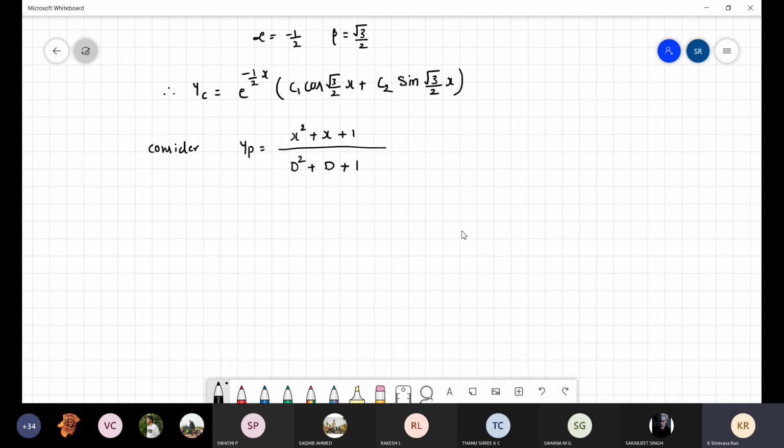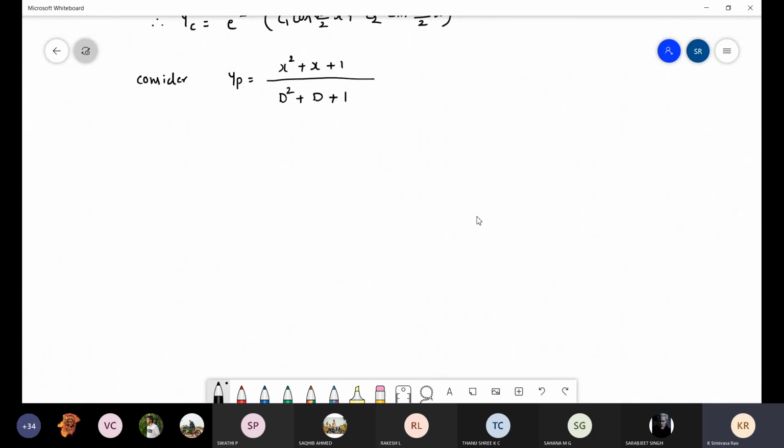Just observe here, don't copy. How to find Yp? Here no substitution, nothing. We will divide directly. How to divide? Just observe here. I will give you the time. Don't copy. Write the numerator equation inside this box, or whatever line I draw here, in descending order, that is, highest degree first: x square plus x plus 1.